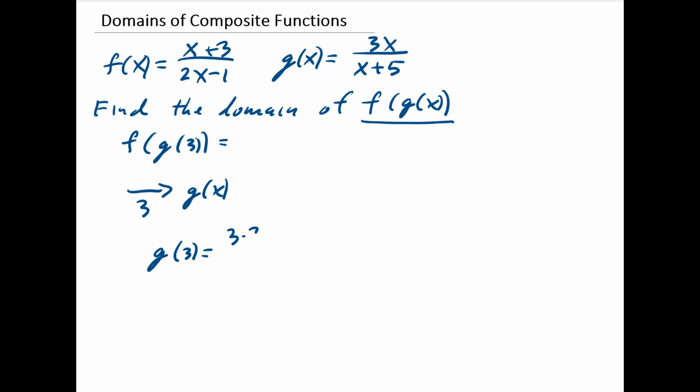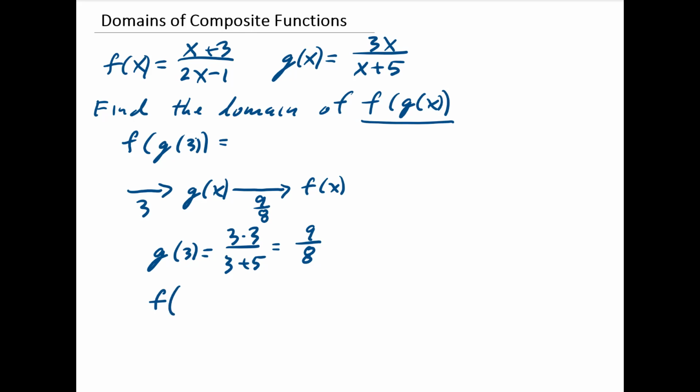Well, that's 3 times 3 over 3 plus 5, which is 9 over 8. So the number 9/8 comes out of the function g, and then it goes into the function f.